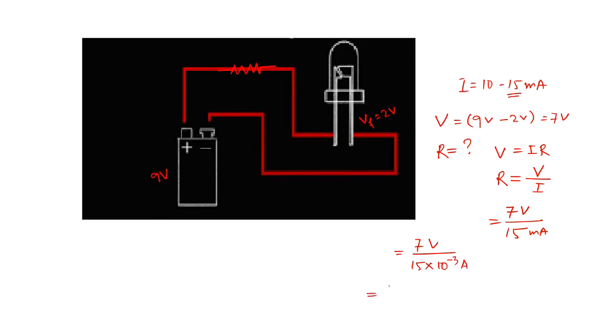This becomes 7 times 10 to the power 3 divided by 15, that is 7000 divided by 15, which is roughly 466 ohms. So for this LED to glow, we need a resistance of 466 ohms. We have calculated this.